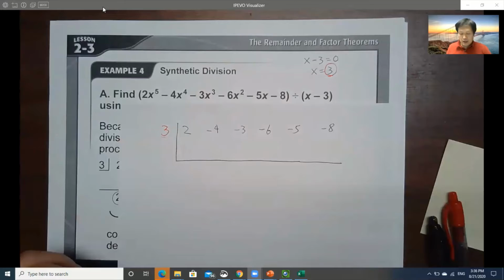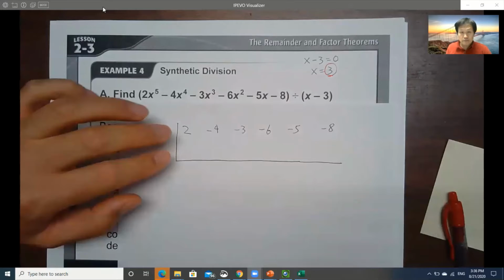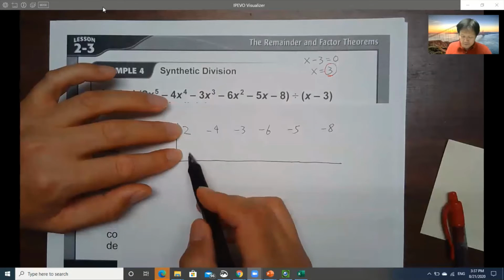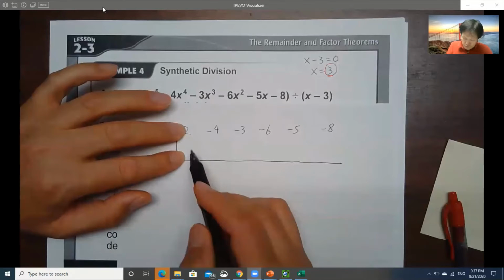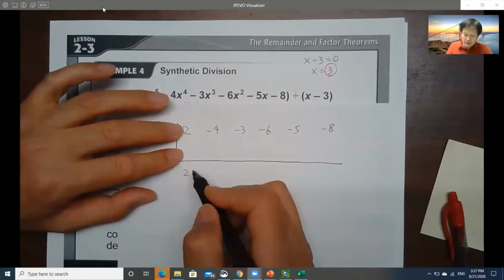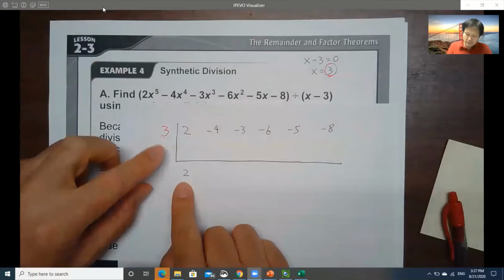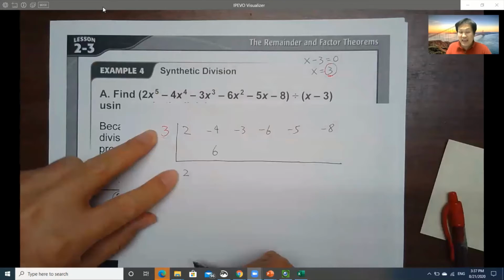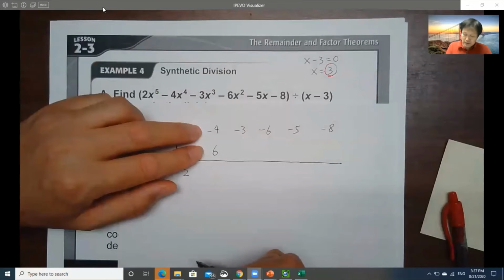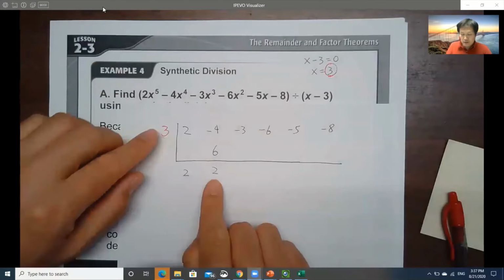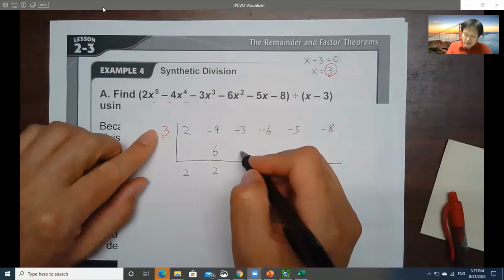Then you might say, what do I do? Very easy. Add inside: 2 plus nothing is just 2. Add inside, multiply outside. 2 times 3 is 6. Add inside, that should be 2. Multiply: 3 times 2 is 6.